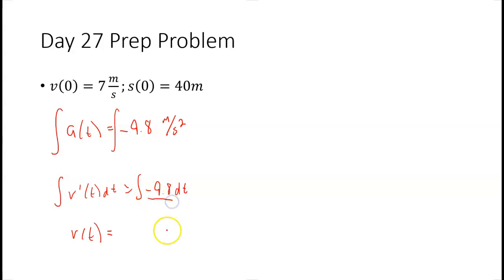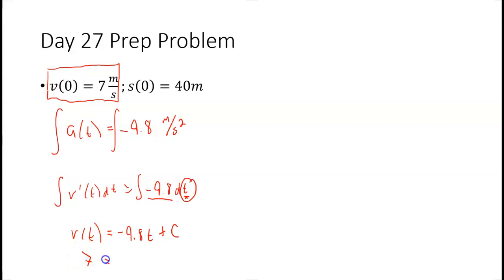Negative 9.8 is a constant. So when we use the power rule, we get negative 9.8 times t, because dt tells me that's my variable, plus some constant. I can solve for that constant because we're given that the initial velocity is 7.